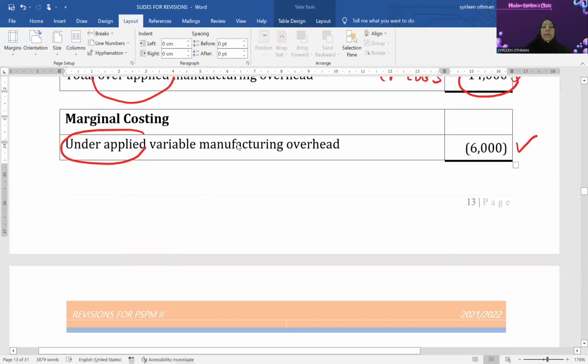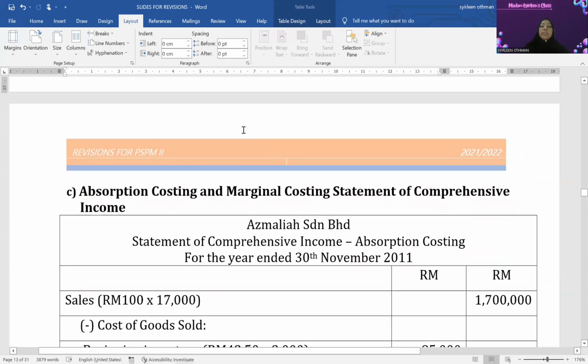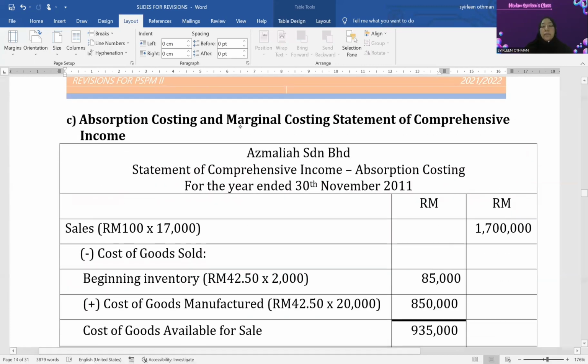All right. So when we do the statement as usual, if it's for the absorption costing, you need to check the statement, for the year ended or for the month ended, depending on the question requirement. For the year ended and for the month ended, there will be a slight difference, especially on the fixed items.